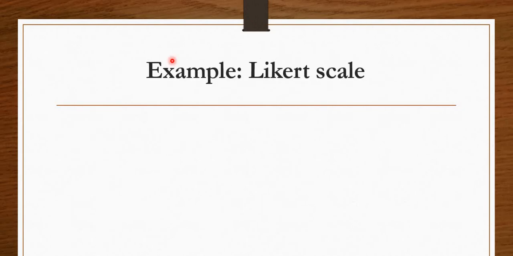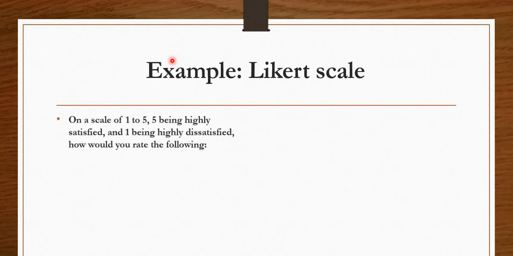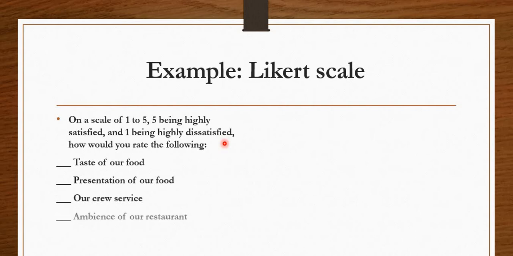We also have a Likert scale, an example would be, on a scale of 1 to 5, 5 being highly satisfied and 1 being highly dissatisfied, how would you rate the following? The taste of our food, presentation of our food, our crew service, ambience of our restaurant, and our price list. So, we can have it 1, 2, 3, 4, 5, and that's how we would usually have our Likert scale in common surveys.